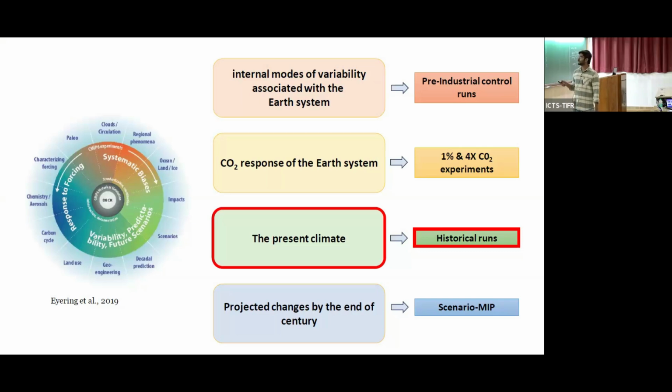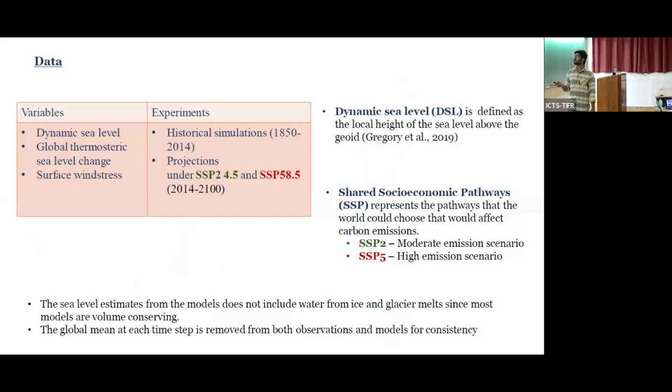To study the present climate, you have the historical runs that extend from 1850 to 2014. For projected changes, you have studies under different emission scenarios. We'll be mostly using the historical runs, and for some part of the study, we'll also use the scenario runs. These are the major variables we are using: dynamic sea level, global thermosteric sea level, and surface wind stress.